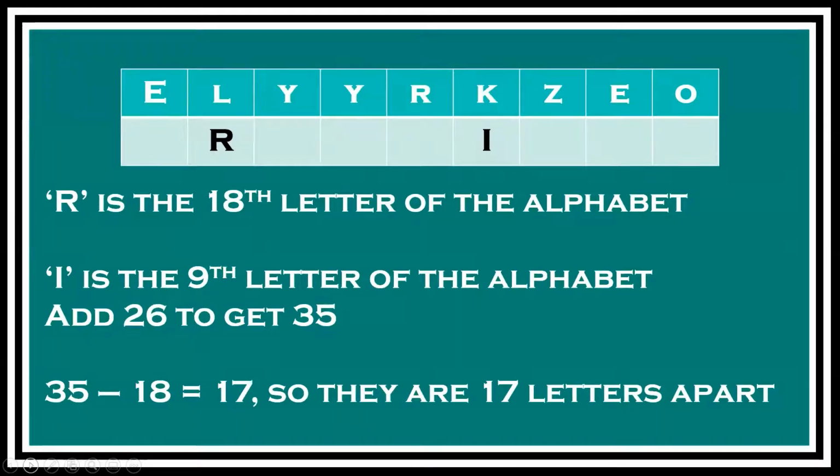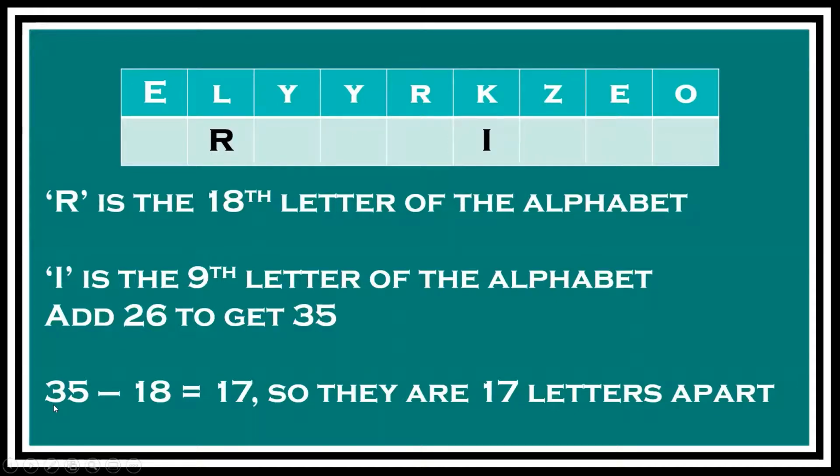As I comes before R in the alphabet, we need to add 26 letters to I so that the left-hand letter comes before the right-hand letter in the alphabet. So I being the 9th letter of the alphabet, we add 26 to get 35. So R is the 18th letter of the alphabet, and we are treating I to be the 35th letter of the alphabet.